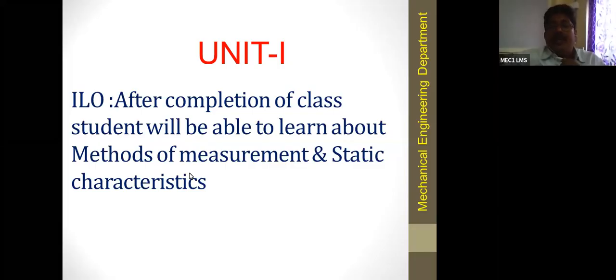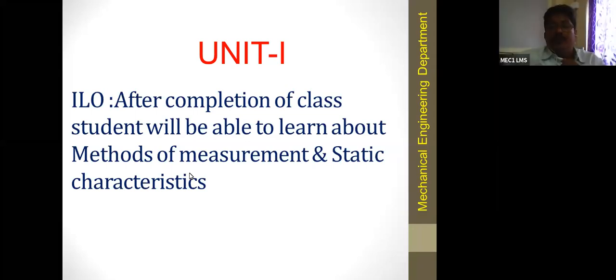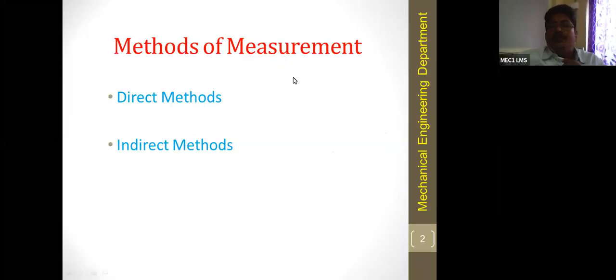The static characteristics I already wrote on the board: what are the static characteristics of a measuring instrument? Regarding methods of measurement, two methods are there. One is a direct method, and another one is indirect.